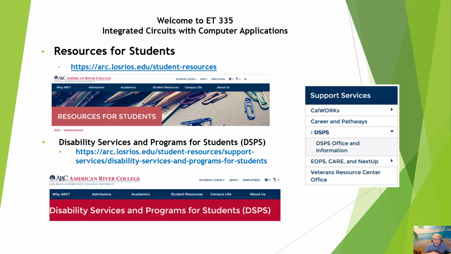But we also have CalWorks, Career and Pathways. I cover DSPS, EOPS, CARE, and Next Up, and our Veterans Resource Centers. All of those people are excellent over there and really provide a lot of good services for our students. So investigate those if you need them, and let me know how it works.